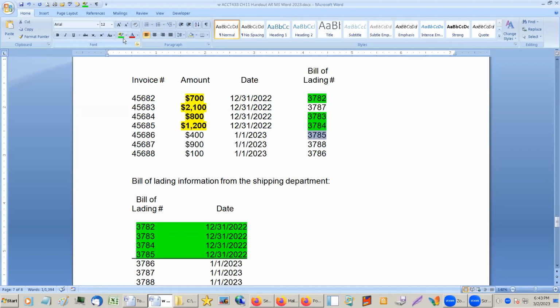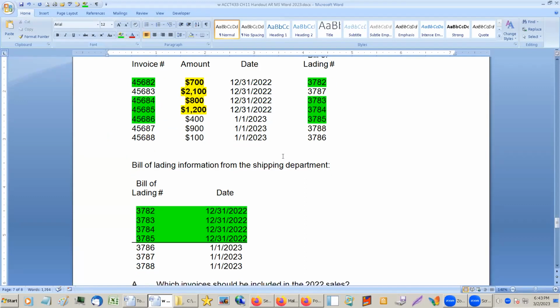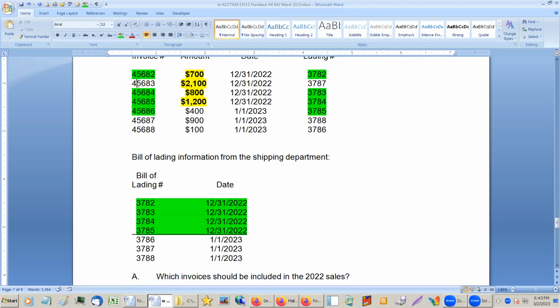And 3785. All right, so these are the actual sales.